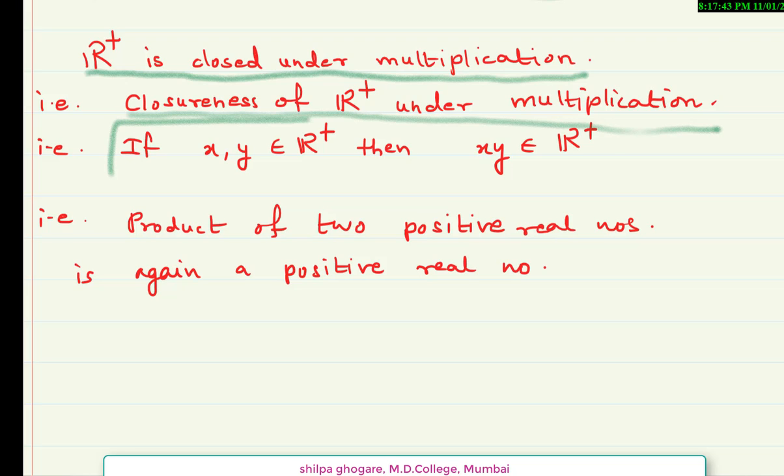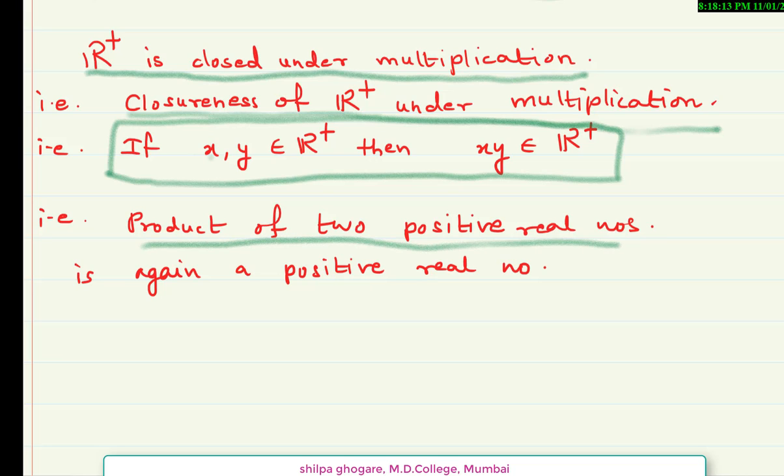The definition is that if x and y belong to R plus, then xy, the product of two positive real numbers, where you are multiplying x and y, also belongs to R plus. In other words, the product of two positive real numbers is again a positive real number. This is the closure property of R plus under multiplication.